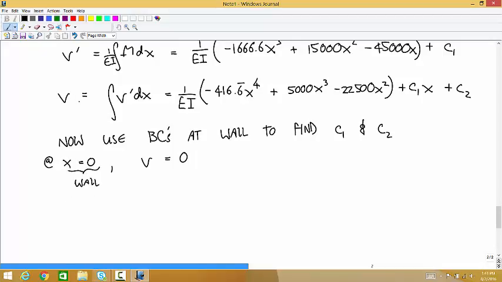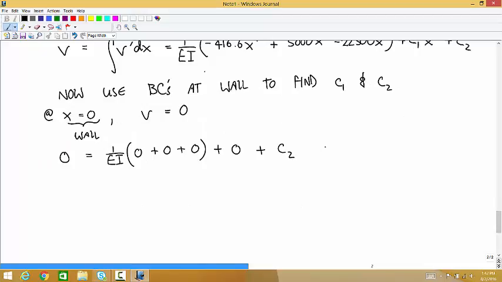So going up to this expression for the deflection, we have that 0 is equal to 1 over EI times, all of these have factors of x. So that's 0 plus 0 plus 0, then plus C1 times 0, so that's another 0, plus C2. So this tells us that C2 is equal to 0.